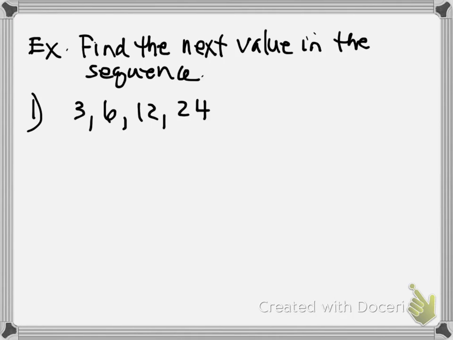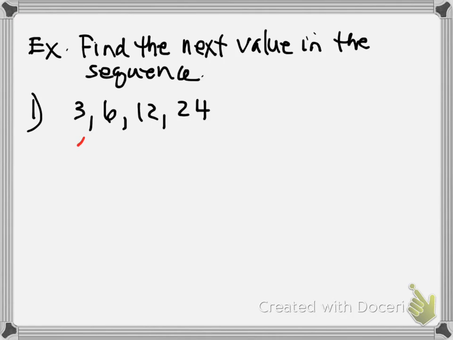Now, pattern means same thing every time. So if we start and we say, okay, I think this is an adding pattern. To go from 3 to 6, I would add 3. To go from 6 to 12, I would add 6. So if you notice, this pattern isn't working because it's not the same thing over and over again. So let's try a multiplication pattern.